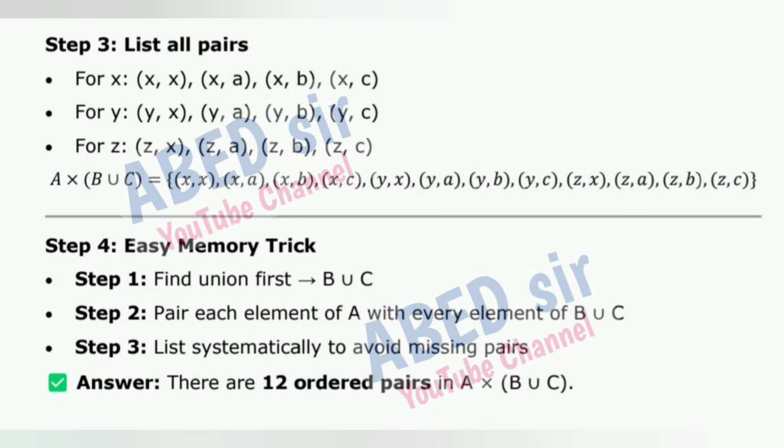Step 4. Easy memory trick. Step 1. Find the union first, B union C. Step 2. Pair each element of A with every element of B union C. Step 3. List systematically to avoid missing pairs. Answer: there are 12 ordered pairs in A times (B union C).